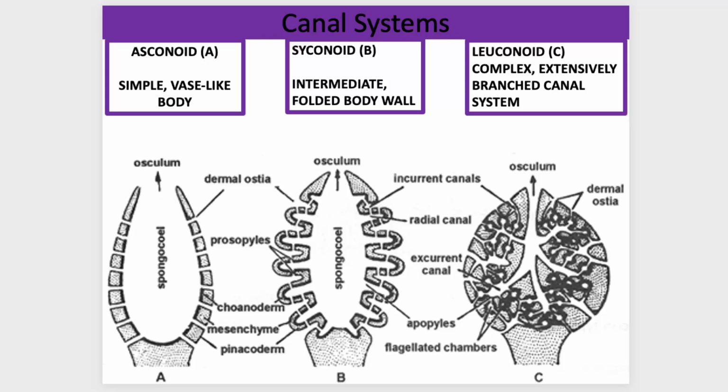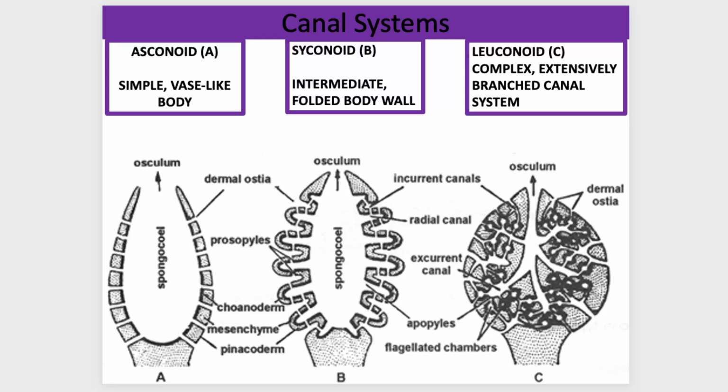The syconoid, the wall gets much thicker, and the wall is heavily folded. So what that creates is more surface area, which gives it more canals to move water through and absorb more nutrients. That would be the syconoid. And then for the leuconoid, it is the most complex with extensive branching canal systems that will then have more of those canals to move water through.